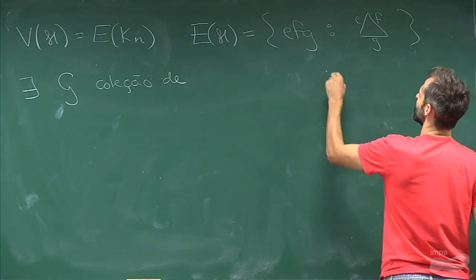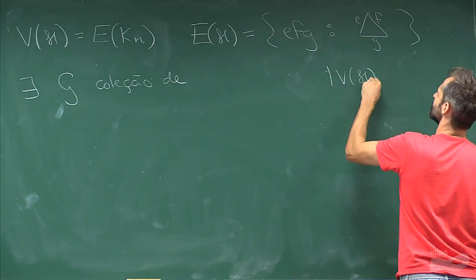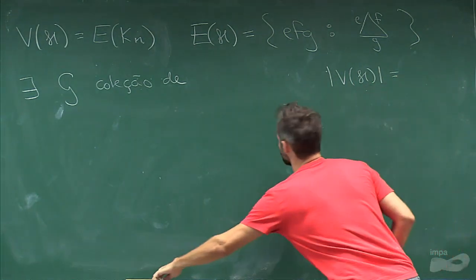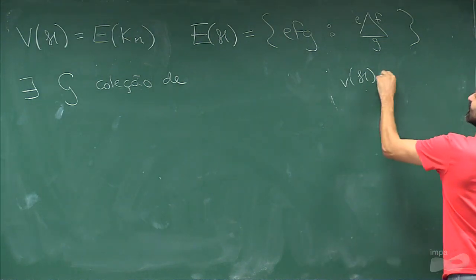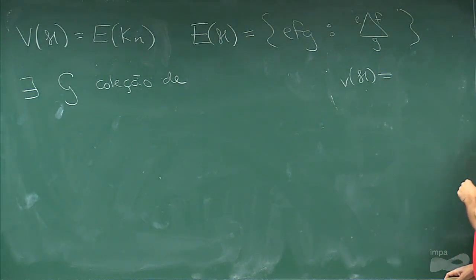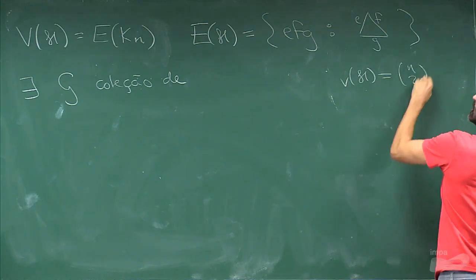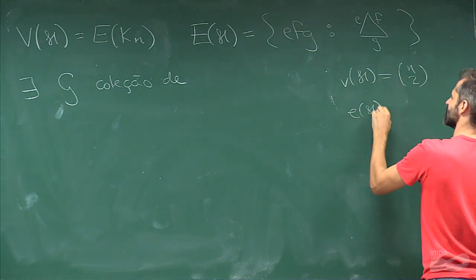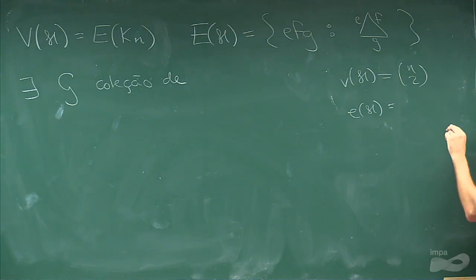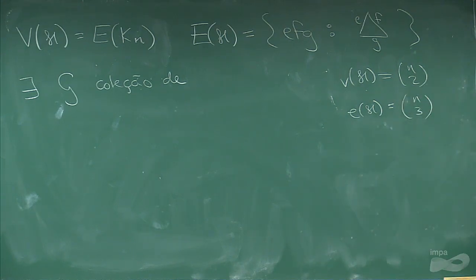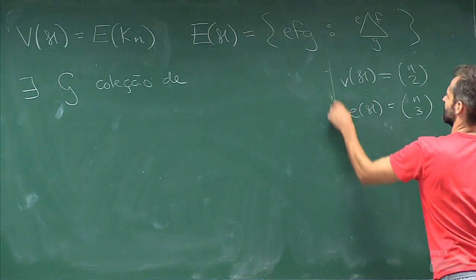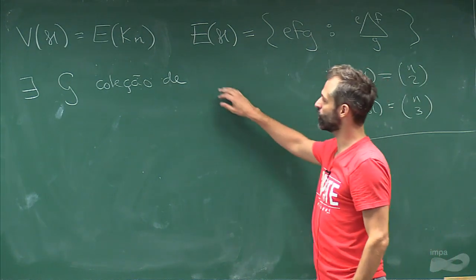So how many vertices does H have? Maybe I'll use this notation: the number of vertices of H is n choose 2. How many edges does H have? Right, n choose 3. Okay, so what's a graph?